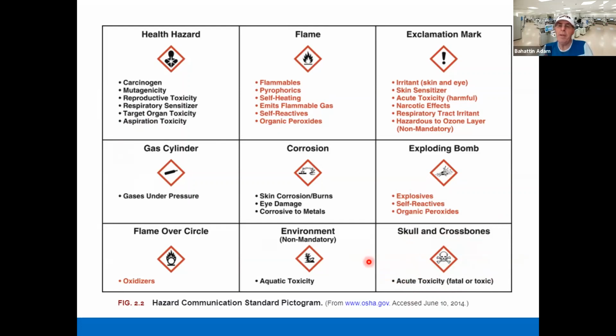Which means if you have a chemical which causes acute toxicity, you have to put these labels. All these labels are mandated by OSHA and mentioned in the OSHA standards and CDC guidelines.